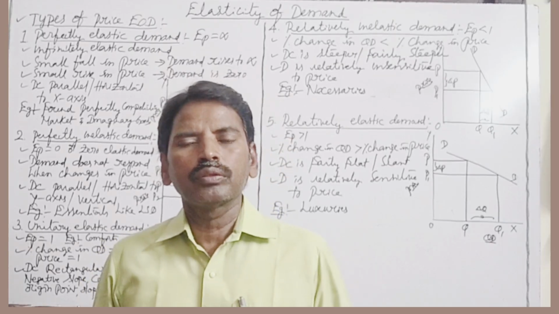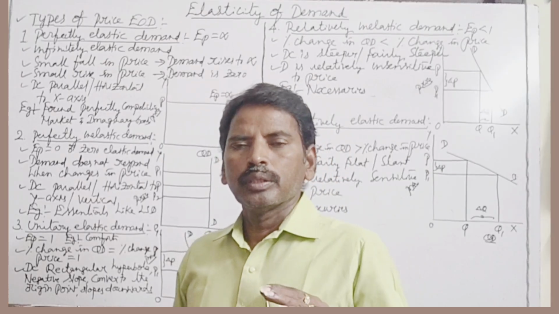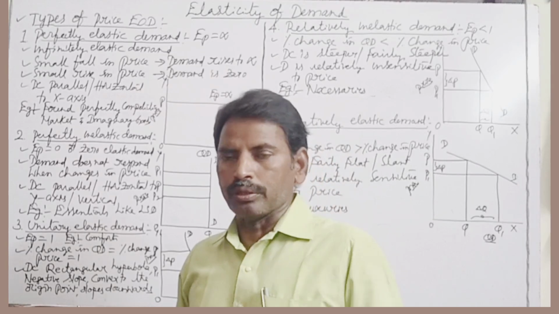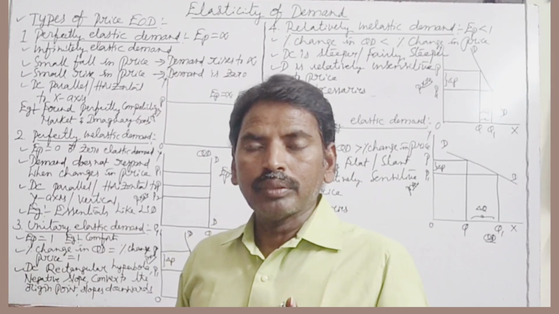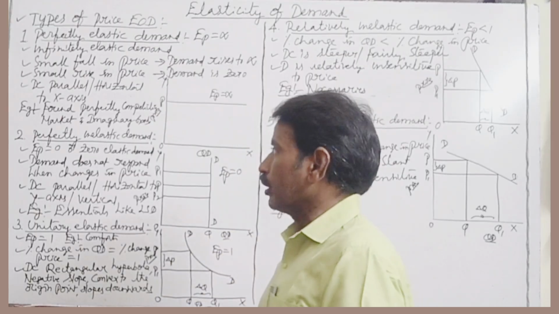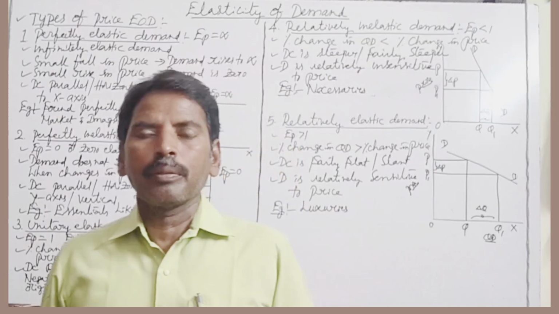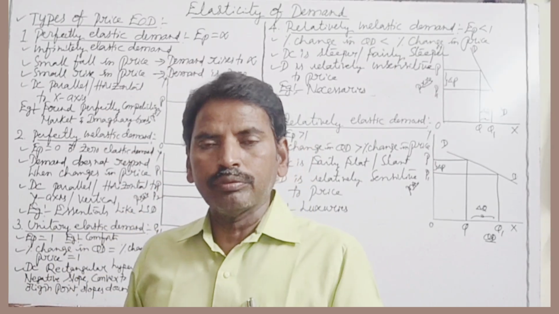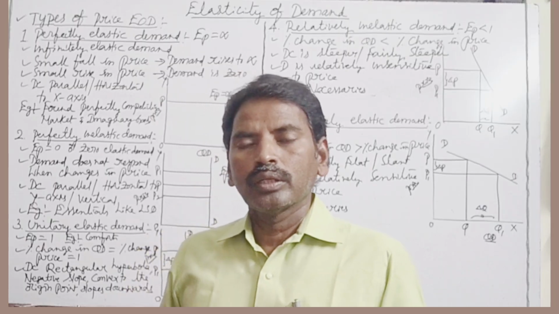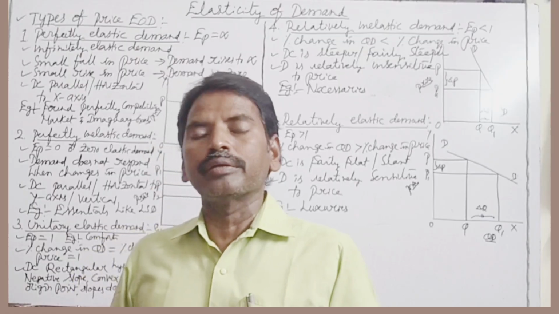So in this video, we are going to understand the concept of price elasticity of demand, and what are the types of price elasticity of demand. Now, price elasticity of demand means the responsiveness of quantity demanded of a commodity in response to the change in the price of a commodity.